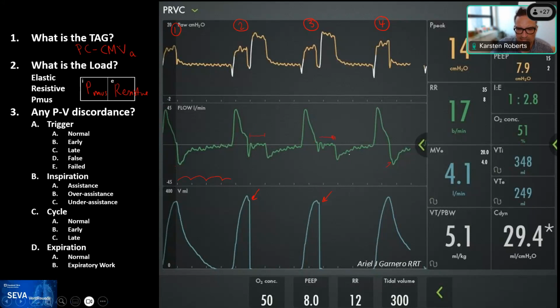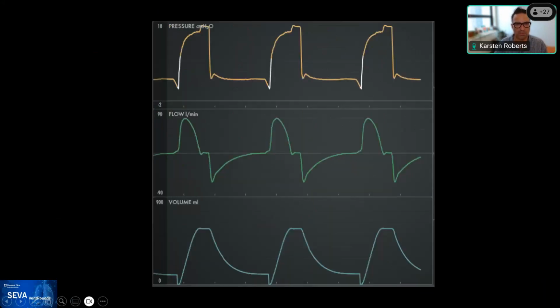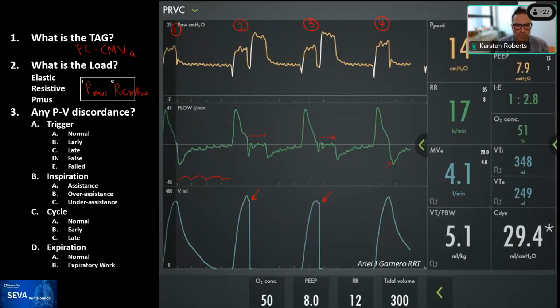And Sarah's pointing out, is the patient still trying to breathe out? Is there anybody else that would share that opinion, that there's some sort of work being done during the expiratory phase of the breath?